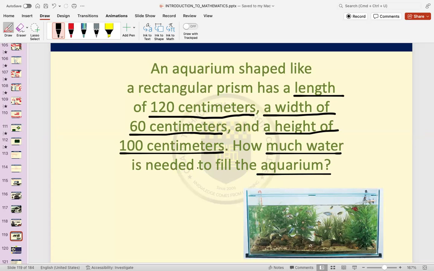How much water is needed to fill the aquarium? So sometimes you may not be around the aquarium, and then they want you to show how much water will be needed. All you need from the manufacturers are the length, the width, and the height of the aquarium. Once you get it, it will be done for you easily.